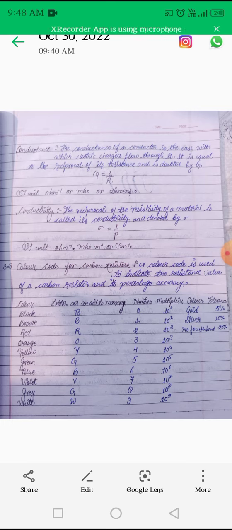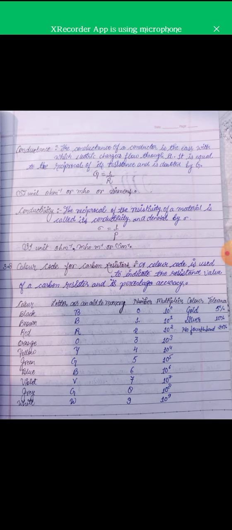SI unit is ohm inverse, or mho, or Siemens. Conductivity. The reciprocal of the resistivity of a material is called its conductivity and denoted by sigma. Sigma equals 1 upon rho. SI unit is ohm inverse meter inverse, or Siemens per meter.